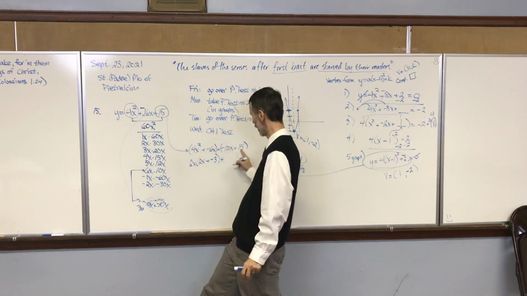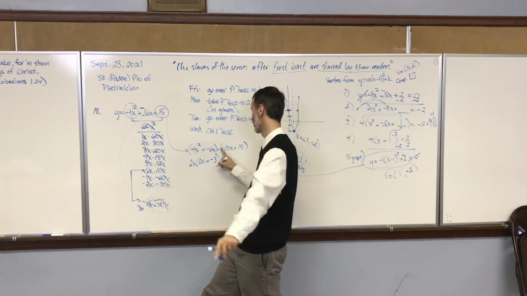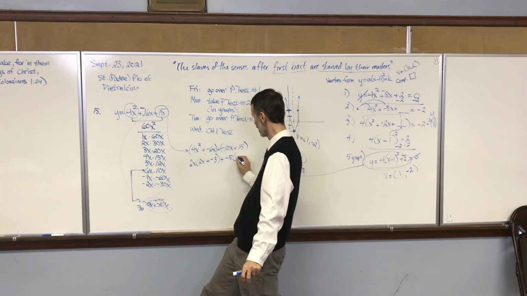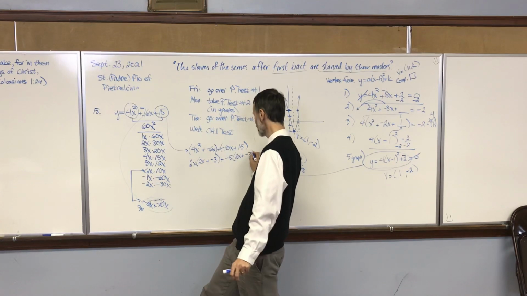What about here? Negative 5. If the first term is negative, you always pull out a negative. Negative 5 and then what? Plus negative 3. Good.